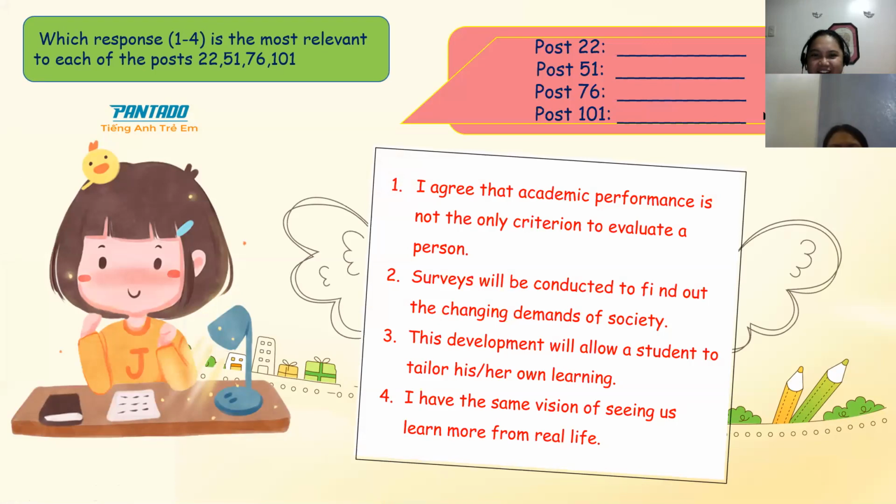Oh, okay, you already have your answer. Post 22 is 4. Post 51 is 3. Post 76 is 1. And post 101 is 2. So you've got two correct answers.